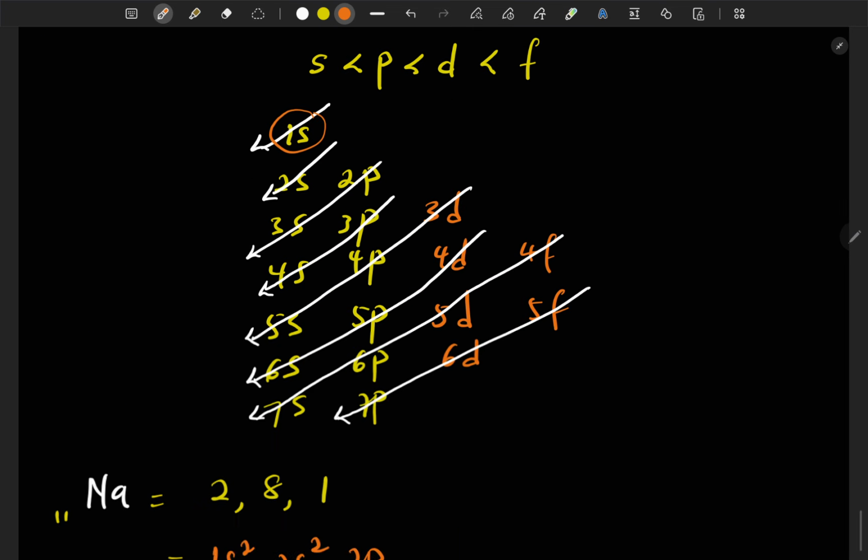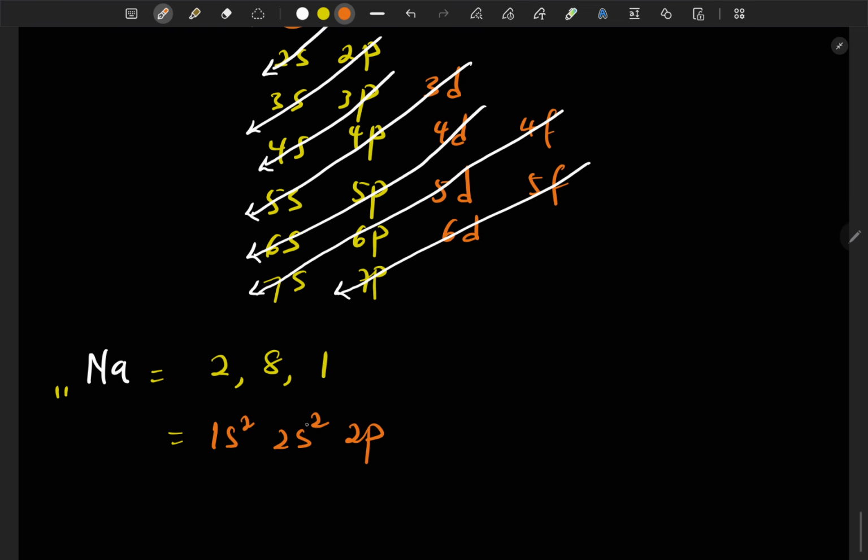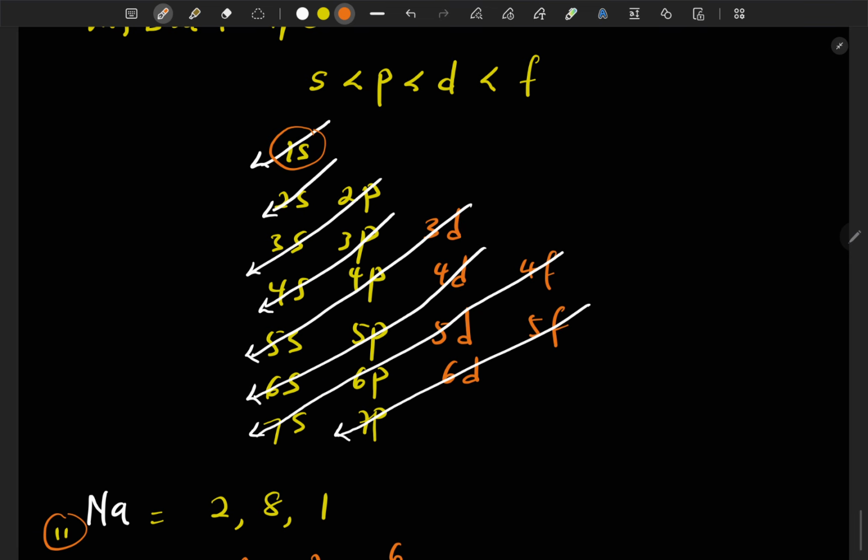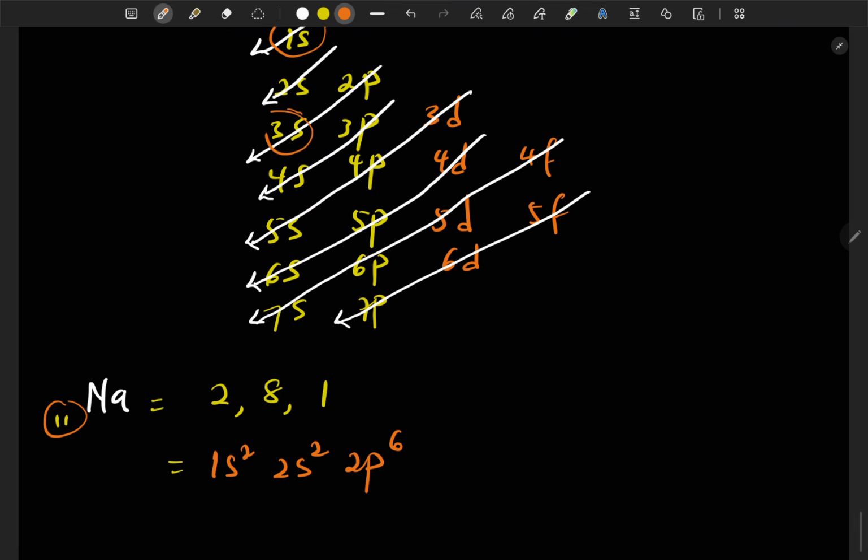6 electrons maximum. Now we have 4 electrons filled out of 11, so we still have 7 left, which means we can put 6 electrons into this p orbital. If we make a count, 2 plus 2 is 4, plus 6 is 10. So we have 1 more electron left to fill. We filled 1s, 2s, 2p. The next one is 3s.